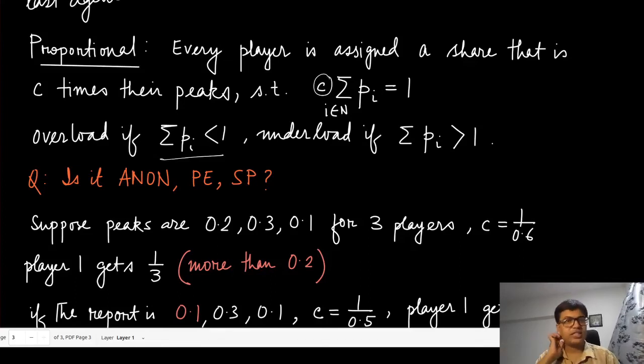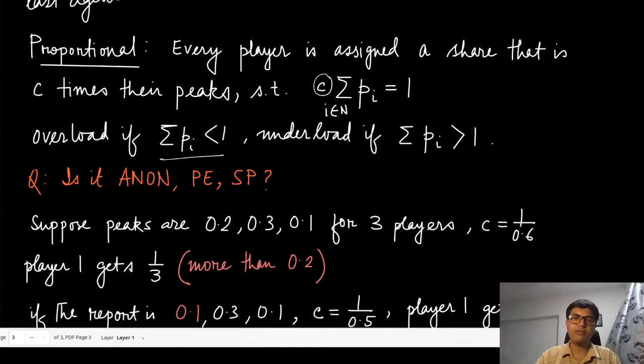Now the question is whether this is anonymous, Pareto efficient and strategy proof. You can easily argue that this is anonymous and Pareto efficient. The anonymity comes from the same constant. We are either overloading or underloading all the agents in an equivalent way. So even if we alter their preferences and also their names, the allocation will not change.